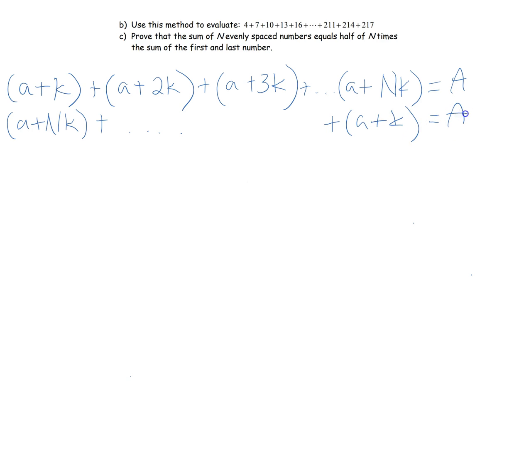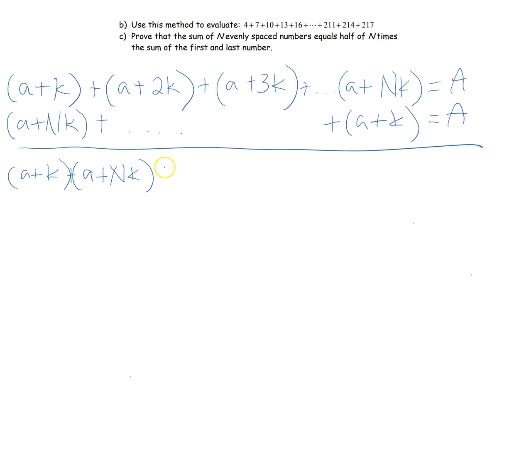This again is going to equal our answer. So we want to add this up in columns, and we can see what we're going to get is a plus k plus a plus nk here. And we know from our previous questions that this pattern is going to continue, and we're going to get the same thing over and over until our last term. It's going to be the same thing, a plus k plus a plus nk.